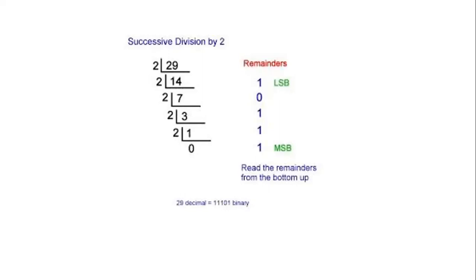Yes, another important thing, whenever you solve this, always remember that the bottommost number that you get is the most significant bit. Most significant bit. The first number you get is the least significant bit.